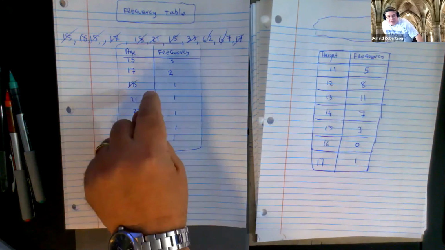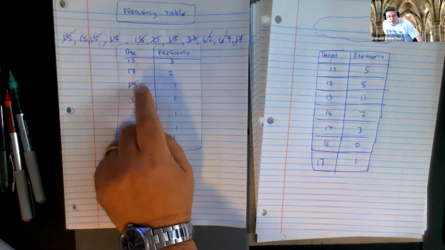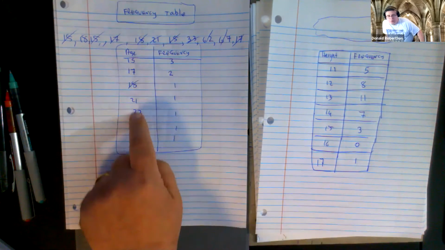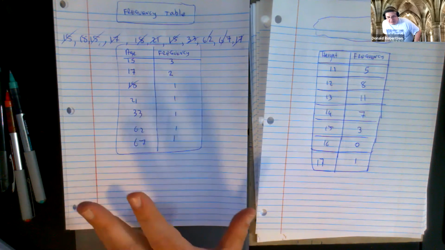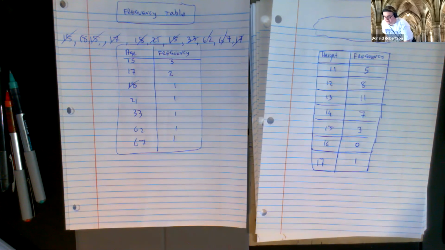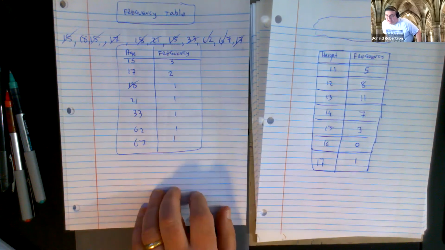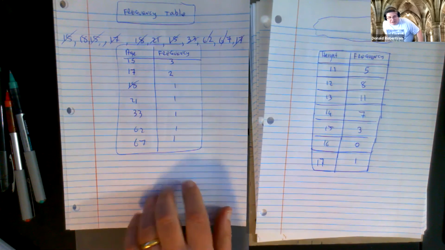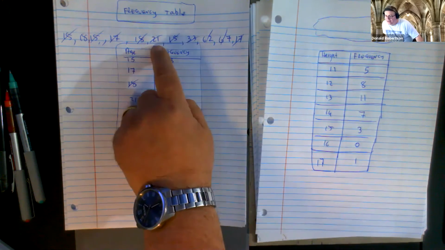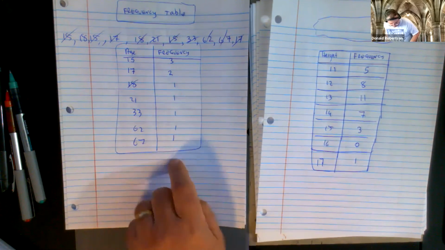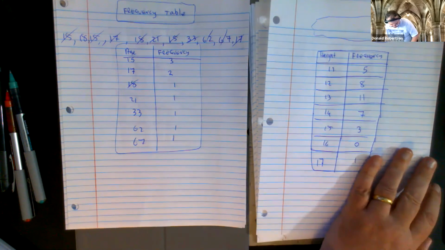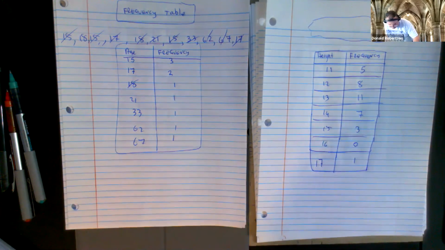If I try to do a frequency table with this one, where I put all the numbers in, wouldn't this table be 5 times bigger? And most of it would be zeros. And that isn't helping the issue. So sometimes you have to make an executive decision, and only put the numbers in that are there and count them. But in general, the more likely frequency distribution table is this one here.